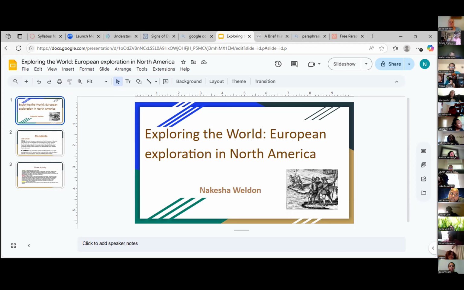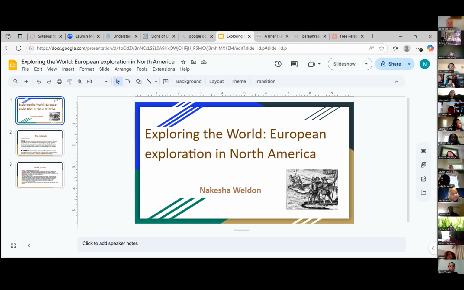My first station is mapping the routes of explorers. I have a map, and I have my lesson plan up too, so that's going to help me. I have them trace the routes for the different explorers, like John Cabot and Chris Columbus.